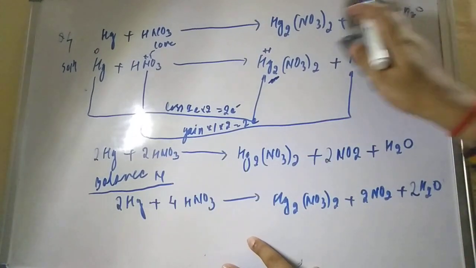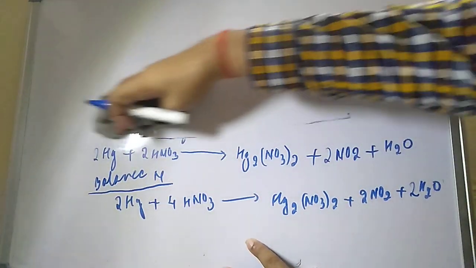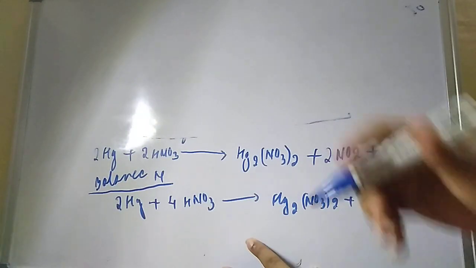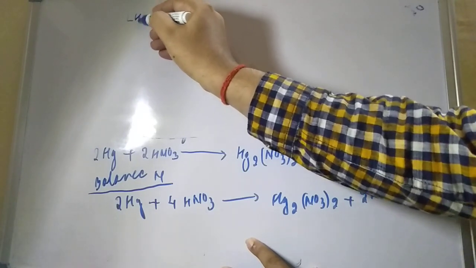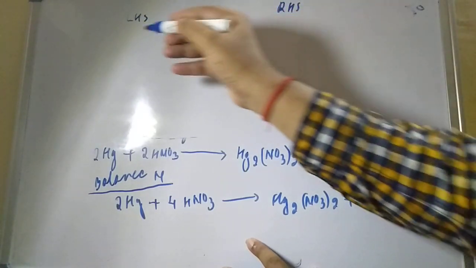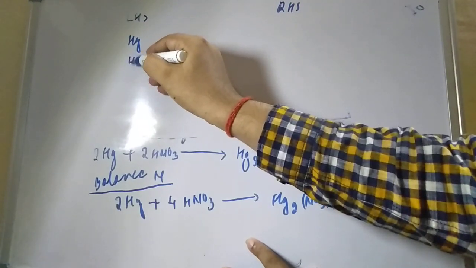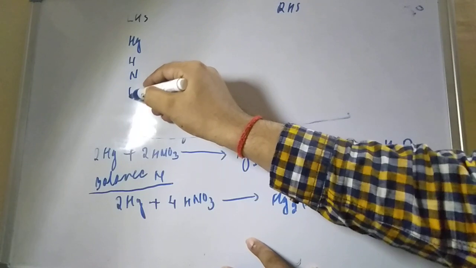We can check it also. Let us check the left and right side and find out how many oxygens and how many hydrogens are there. Here is the LHS, left hand side, this is the RHS, right hand side. Hg, then hydrogen, then nitrogen, then oxygen.